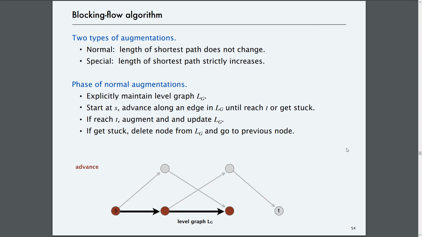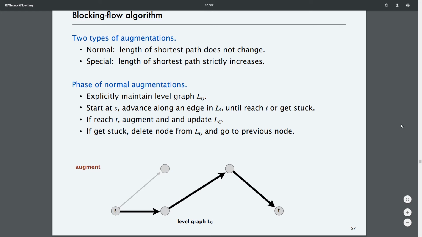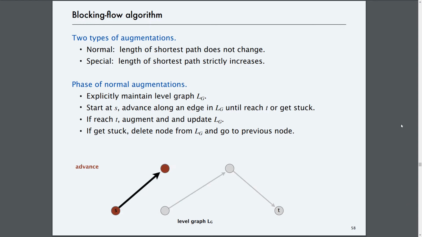Wait, the color of S is not supposed to change, it's still in our path. We delete the node here, and then advance again. So we go through this path and reach T. Then we augment and update, and then advance, and retreat.